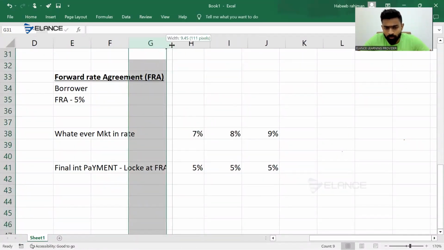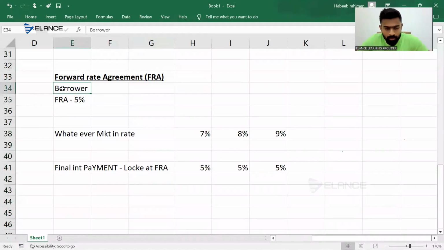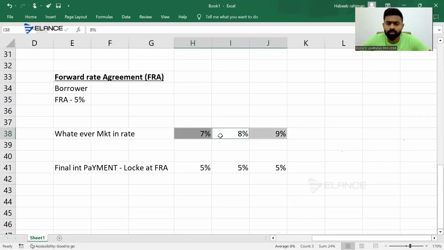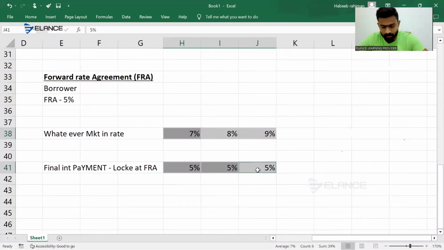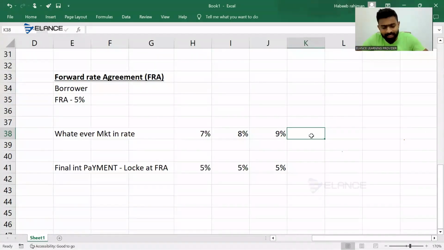For a borrower, the market interest rate is increasing. Is it an adverse movement or favorable movement? For a borrower, he has to pay interest, so it's adverse. Since we took the forward, we get protected from that. What if the rate decreases to 4%, 3% or 2%?